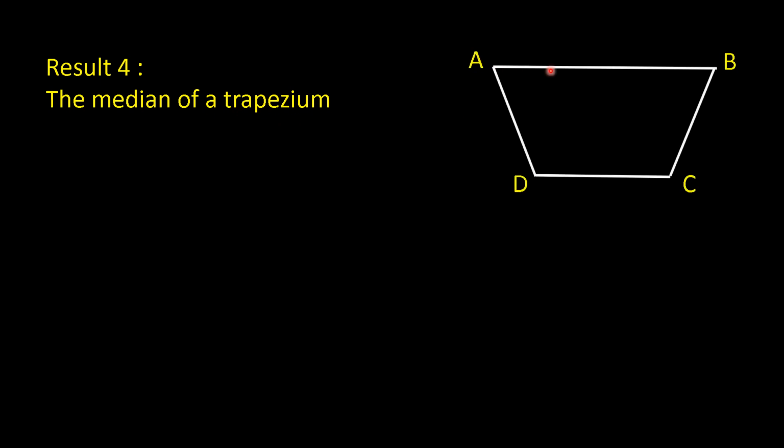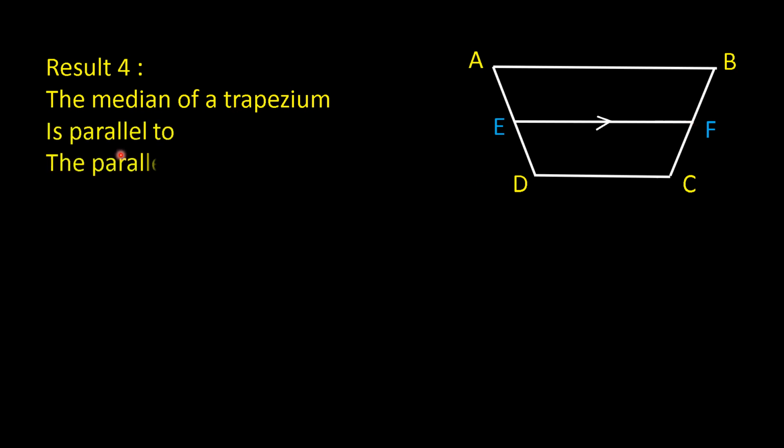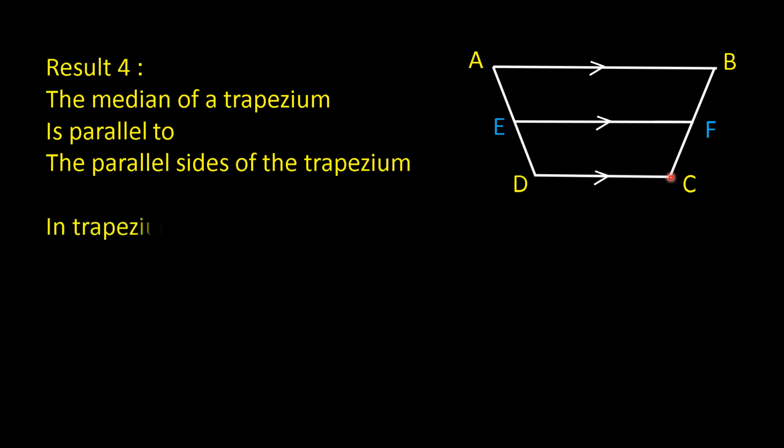We will prove result 4, which says that the median of a trapezium, this is trapezium ABCD, EF is the median, is parallel to the parallel sides of the trapezium. Median EF is parallel to parallel sides AB and DC of this trapezium.